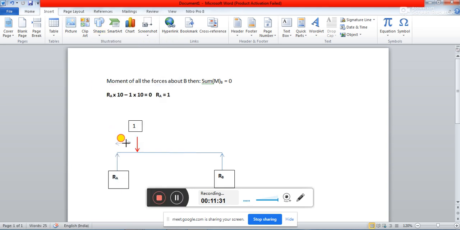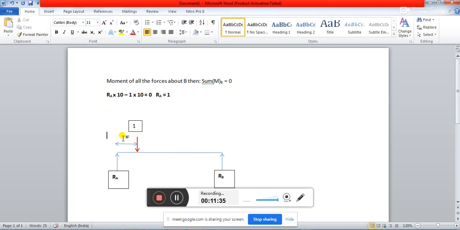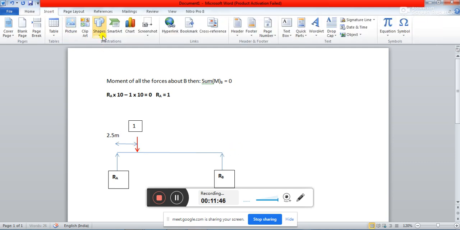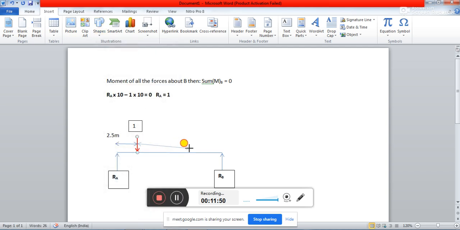The length from here to here, this is actually how much? 2.5 meter. Clear? So how much will be the length from here to here? Can anyone tell? Tell me fast. How much will be the length from here to here?